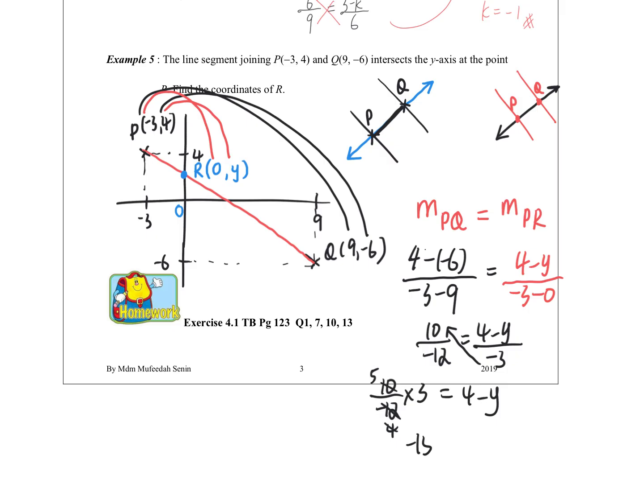30, so minus 15... So R is 0, 19? Wait, 2, 5? I don't have a calculator, that's why I need to do mental sum.